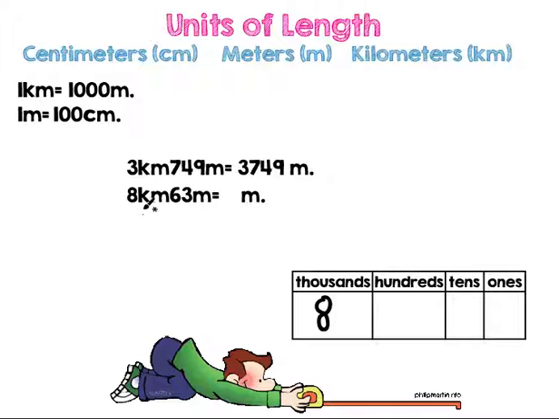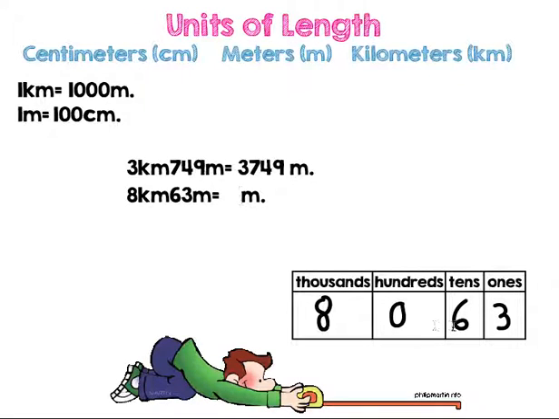Did we say 8,100 or 200 or 300? No, right? So that means in the hundreds we didn't say anything. That's a zero. And then we say 8,060. So those are tens. 10, 20, 30, 40, 50, 60, and 3. So this is your answer in meters.